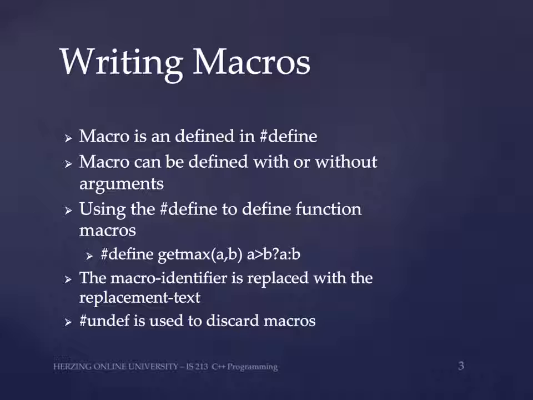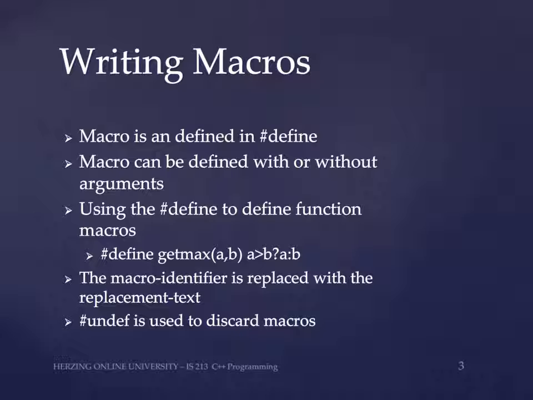So symbolic constants and macros can be discarded using the undef preprocessing directive, and this directive undefines the symbolic constant or macro name. The scope of a symbolic constant or macro is from its definition until it is either undefined with the undef directive, or the end of the file is reached.